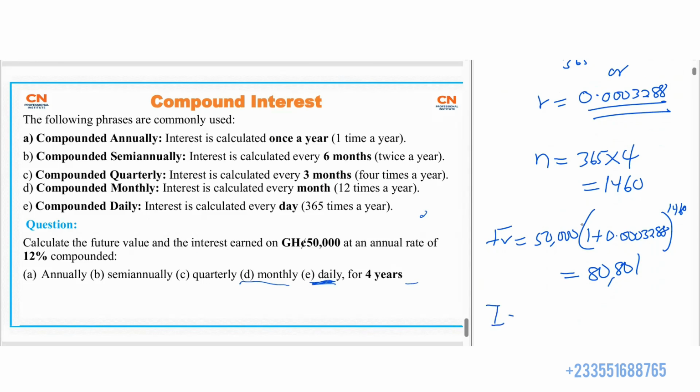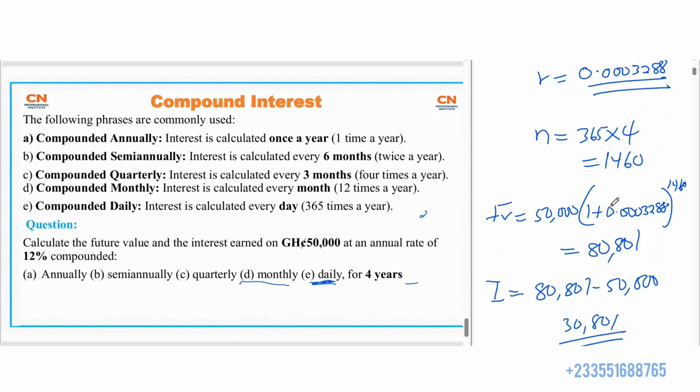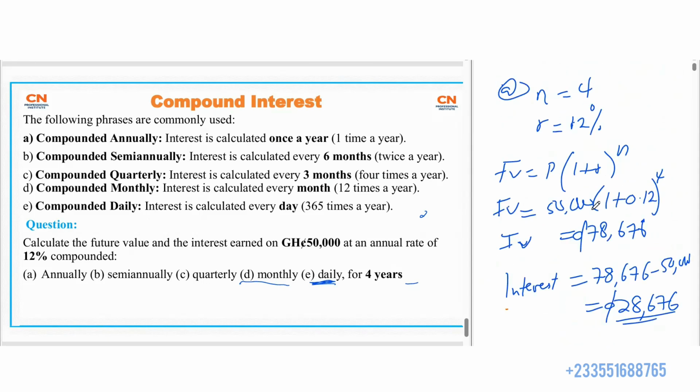So your interest, we said, will be the difference between the amount you invested, the 50,000, and the future value. So that'll be 80,801 minus 50,000, and that should give us 30,801. Now let me draw your attention to something.